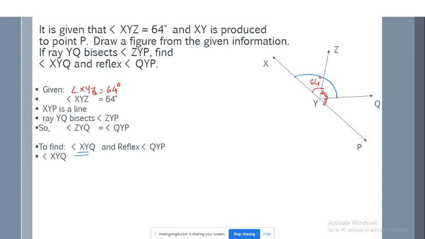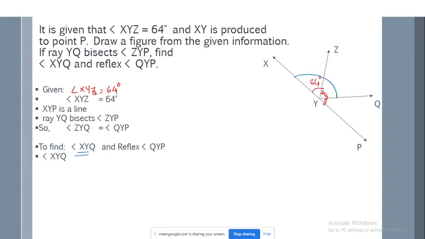Let me see who is coming up with the answer first. Anyone got the answer?